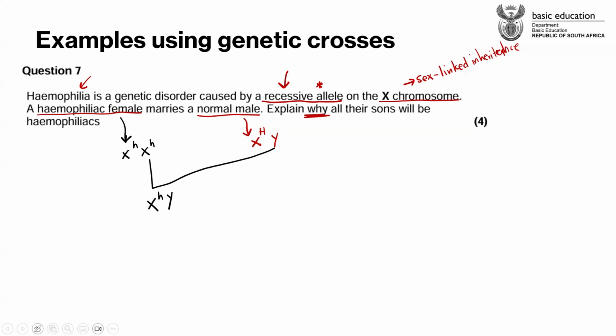If we cross the Y chromosome with this other X chromosome, this will still give us X with a small letter h, and it will give us Y next to it. So these are the two possible genotypes for the male children.